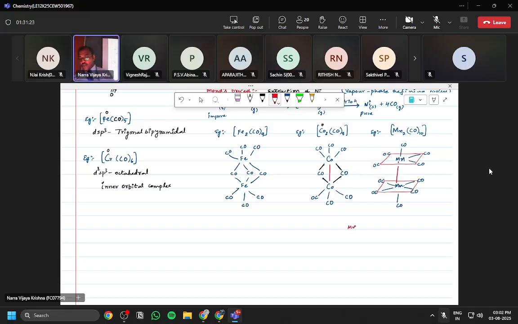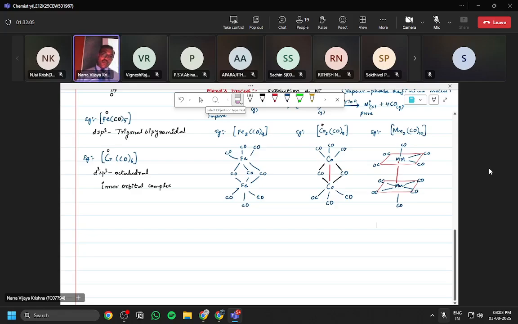Manganese is also in the 0 state, atomic number 25, so 4s2 3d5, correct? If these two electrons come here, d7, correct? One unpaired electron is there. Then what is the hybridization? d2sp3, it should be octahedral. When both unpaired electrons approach each other, they form a bond. Then what happens? The bottom CO shifts to the plane. Then geometry becomes square pyramidal above, square pyramidal below. Clear?